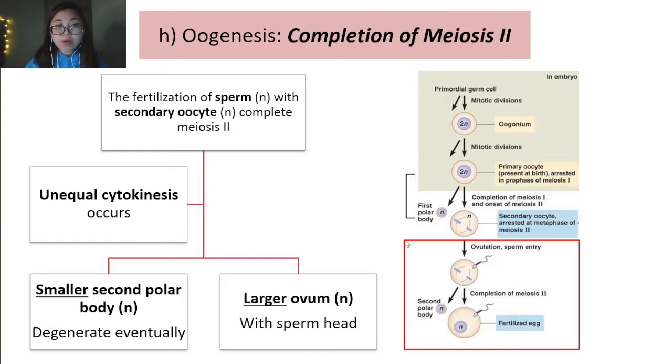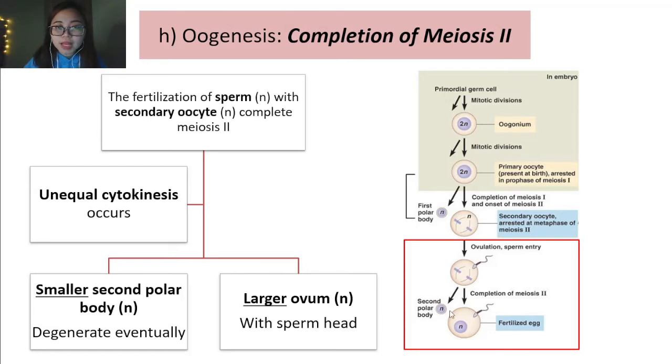Maksudnya, kalau kita punya secondary oocyte lengkapkan meiosis 2, semasa itu sperm masuk saja sedikit di dalam secondary oocyte, dia terus habiskan metaphase 2, anaphase 2, telophase 2, dan cytokinesis. Semasa cytokinesis, satu kecil, satu besar. Yang besar itu akan ambil sperm head.